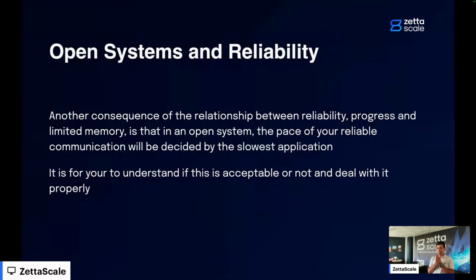And at the same time, there are very few assumptions you can make about the applications you will be dealing with. But then if you need to have reliable communication, the implication is that the pace at which you'll be able to produce data will be decided by the slowest application.